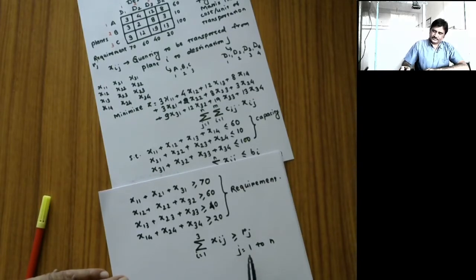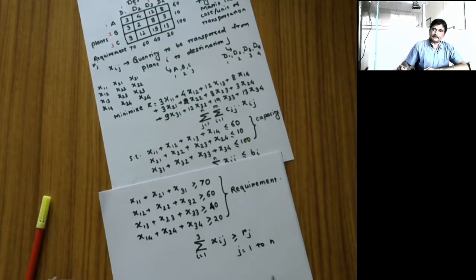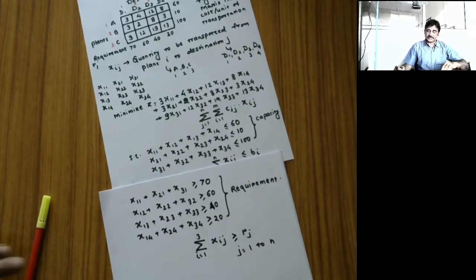Likewise, when I put j equal to 2, I have fixed j equal to 2, and the second constraint I'll be getting will be x12 plus x22 plus x32 greater than or equal to r2, which is 60. Likewise, all the constraints can be written.